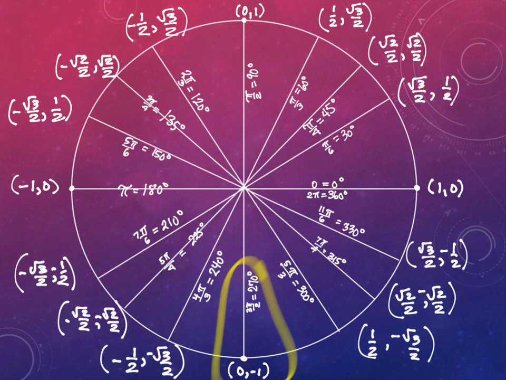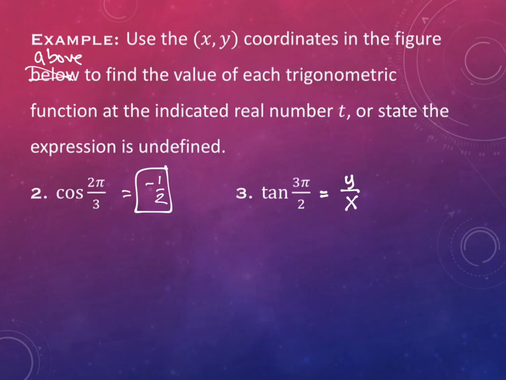Everybody good so far? So when I'm looking at writing this down, I would have -1 for y and 0 for x. That's what those values give me. But what is -1 over 0? It is undefined. So the answer is that this is undefined. Let's just put U and D since I'm out of space. It's undefined.